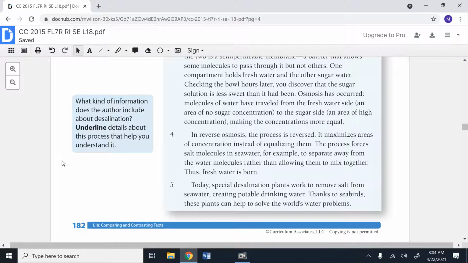It maximizes areas of concentration instead of equalizing them. The process forces salt molecules in seawater, for example, to separate away from the water molecules rather than allowing them to mix together. Thus, fresh water is born. Today, special desalination plants work to remove salt from seawater, creating potable drinking water. Thanks to seabirds, these plants can help to solve the world's water problems.